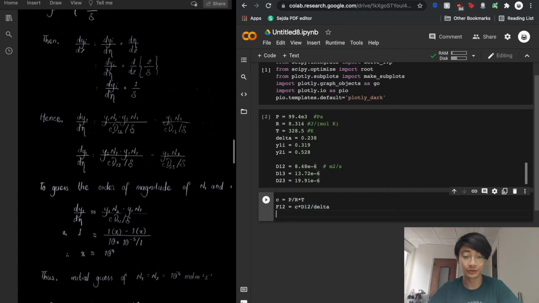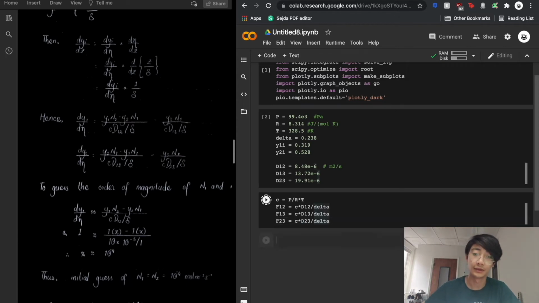So we're going to do the same thing for F13, and that is going to be equal to concentration times D13, the diffusion coefficient of the 1,3 pair, divided by delta, and the same thing with F23. Let's copy that and paste it here. It's going to be 2, 3. So that's all the things we need to be calculated right now.